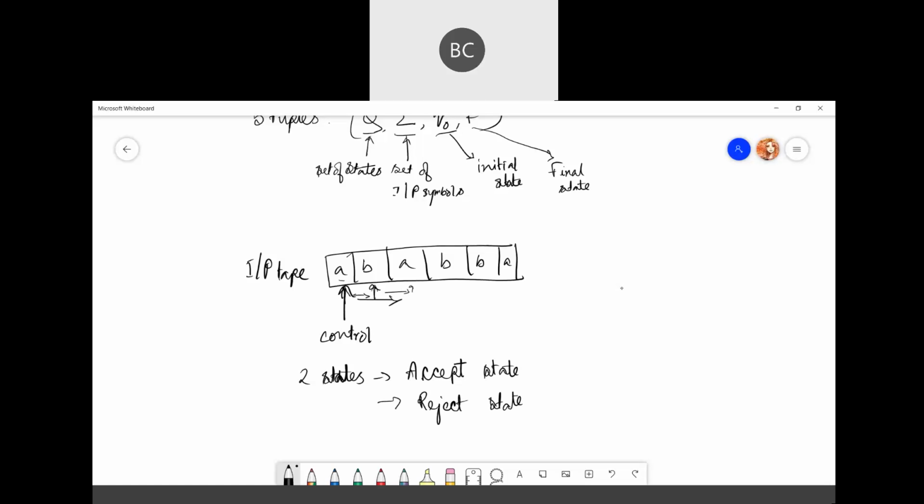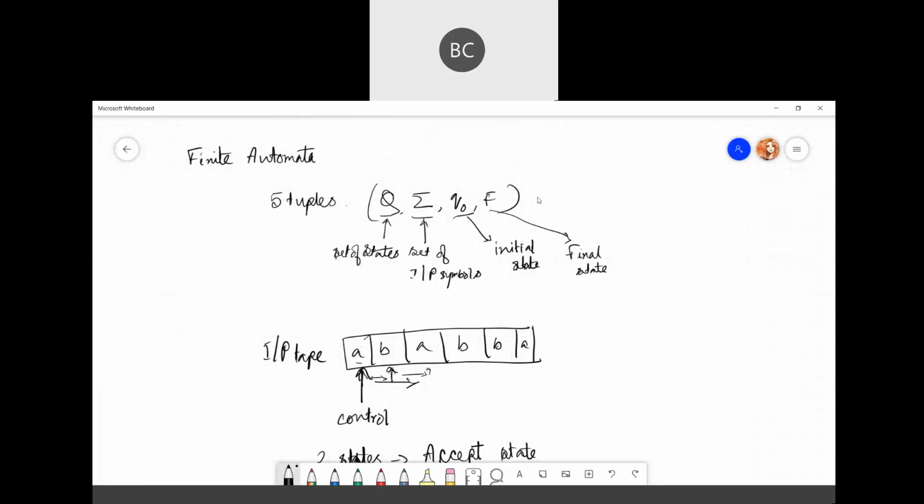If a language is accepted by the automata, then it will be in the accepted state, or it will move to the final state. And if the language is rejected by the automata, it will not go to the final state.